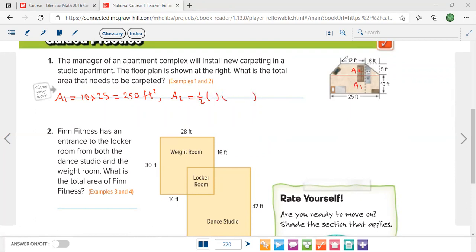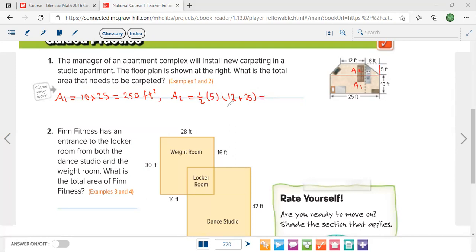Bases are very clear, which are 12 and 25, because for sure this line is the same as this line. The height is very clear here. This is the height, the perpendicular between the two bases, which is 5.